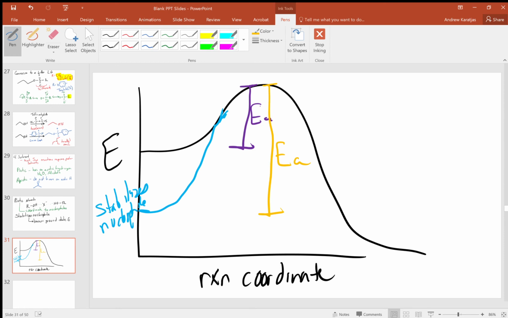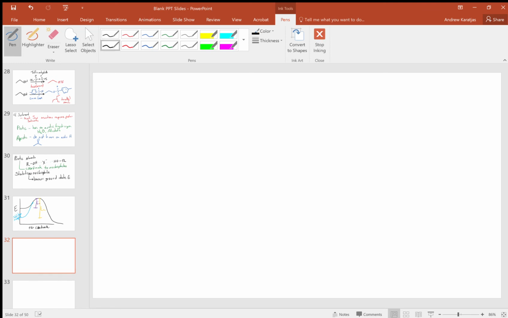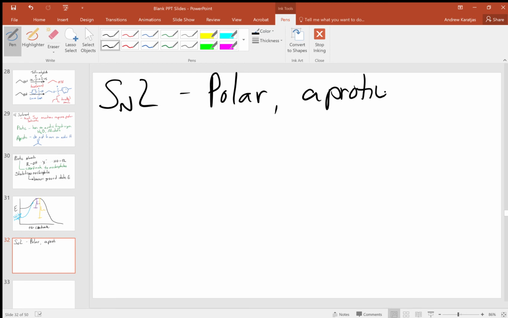And so what happens by adding that protic solvent, you stabilize the nucleophile, the reaction does not occur as easily. So for an SN2 reaction, the preference is for polar aprotic solvents.